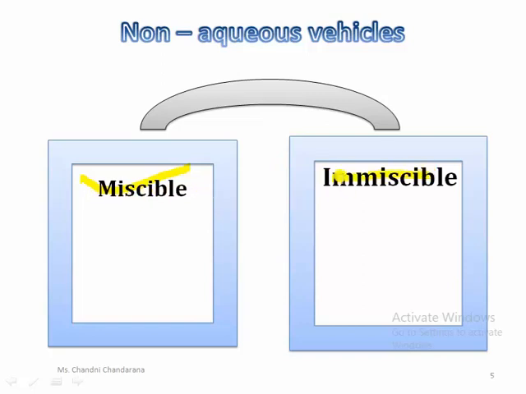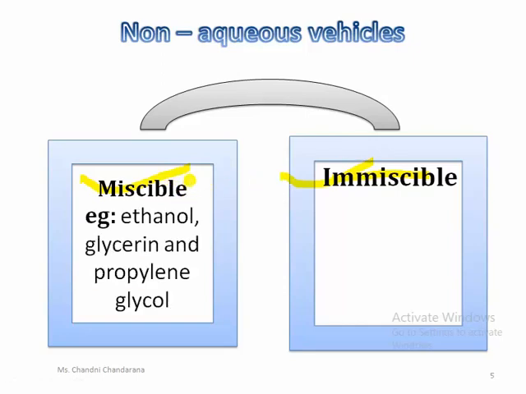These are the examples: ethanol, glycerin and propylene glycol. They are used as a co-solvent with water for injection to promote the solubility, or you can say stability, of the preparation. Now next is water immiscible vehicle.